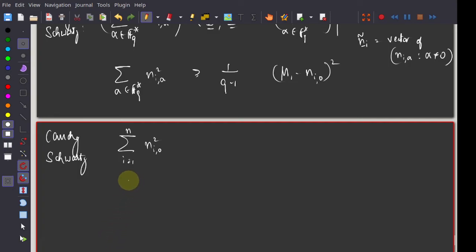So now I look at the n length vector of ni0: n1,0, n2,0, and so on. The inner product of this with the all ones vector of length n is going to give me summation overall i of ni0.